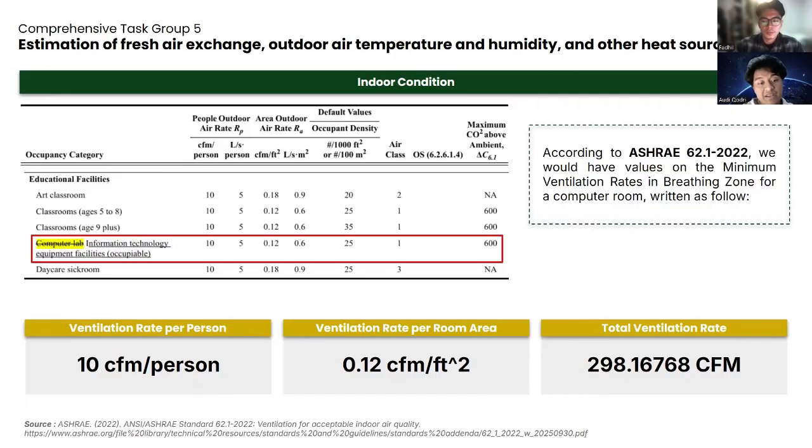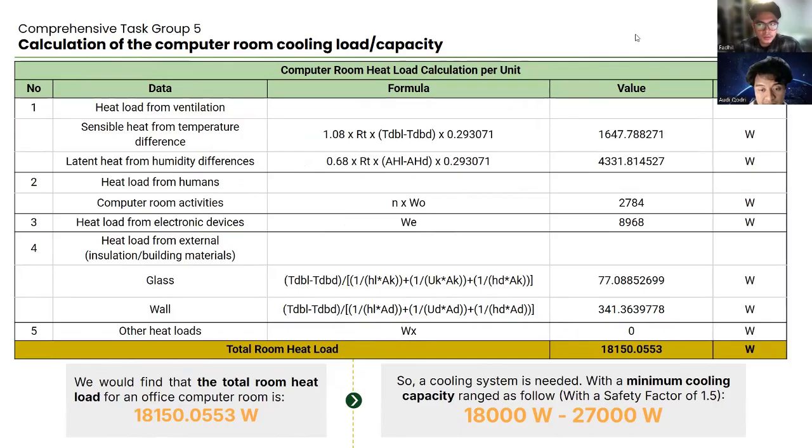So the ventilation rate per person is 10 CFM per person. The ventilation rate per room area is 0.12 CFM per square foot. The total ventilation rate would be 298.167 CFM.